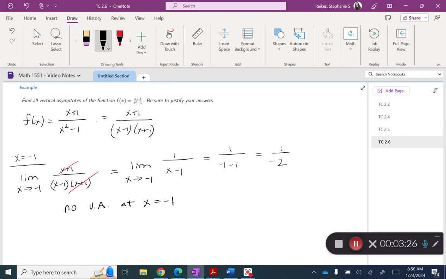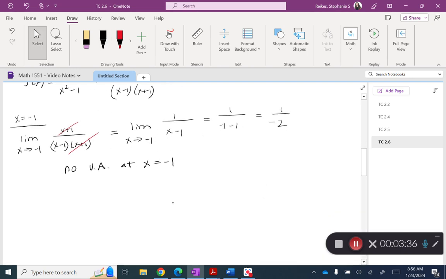All right, so we've tested what's happening at x equals negative 1. Let's see if we can figure out what is happening at x equals positive 1. We've got the limit as x approaches 1 of x plus 1 over x minus 1, x plus 1.